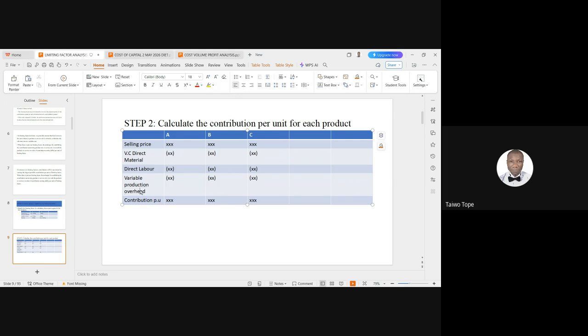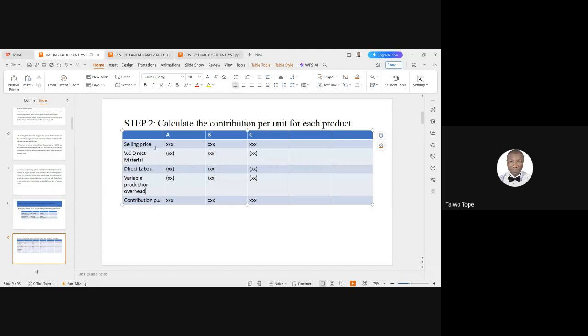When we are doing budgeting, we will see what we call cost separation, whereby a particular item of cost can have elements of fixed and variable, and you use the high-low method to separate that. So take note, some questions will just be silent and tell you overhead. So you must be very careful to determine, is it variable or fixed. But in this case, calculate the contribution per unit of each product.